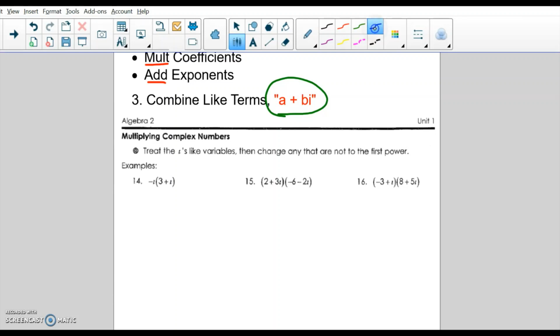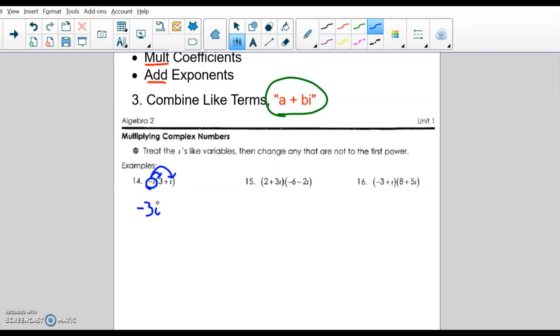We are going to take the negative i and distribute it. So we're going to multiply it by 3, and then multiply it by i. Negative i times 3 is negative 3i.